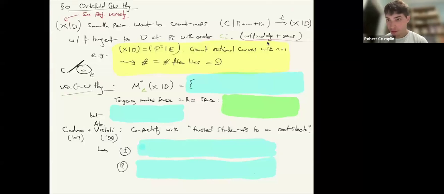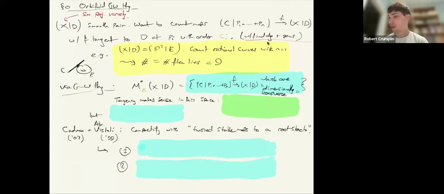So it's going to be a space of maps, as above, which are so-called dimensionally transverse to D. So what that basically means is that C in general is allowed to have multiple components as a nodal curve.